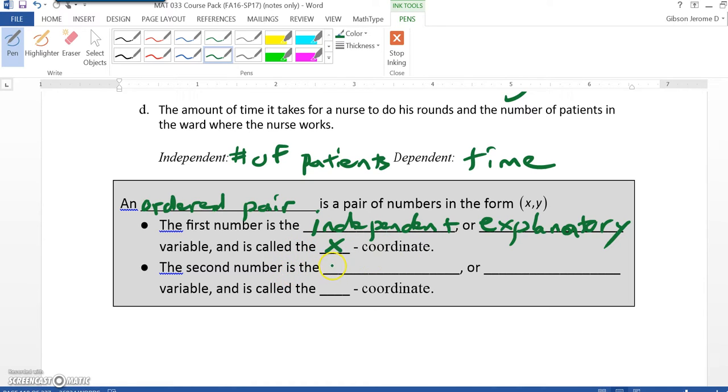The second number is the dependent, or response variable, and it's called the Y coordinate.